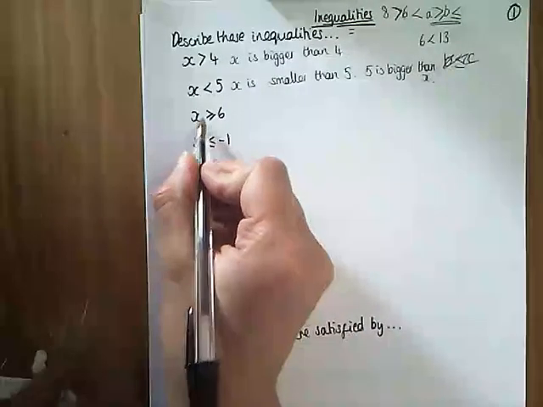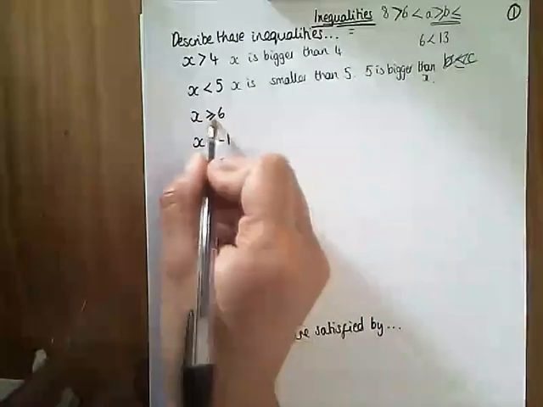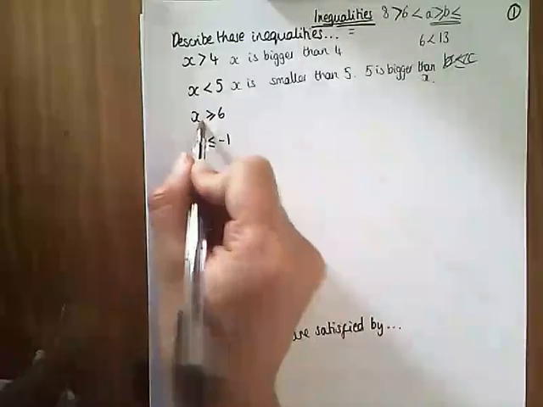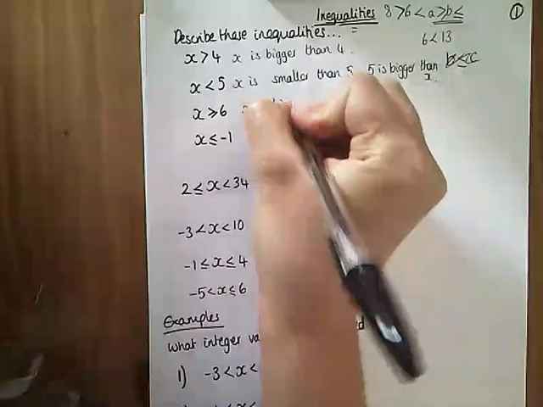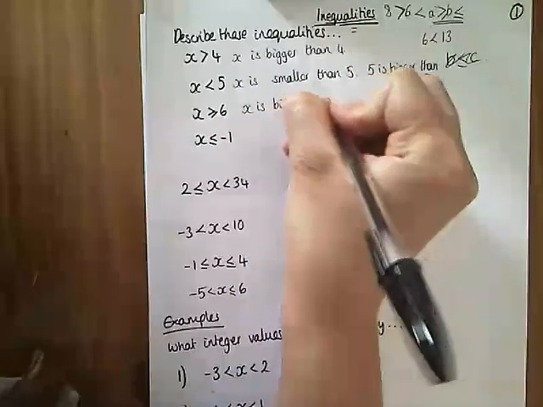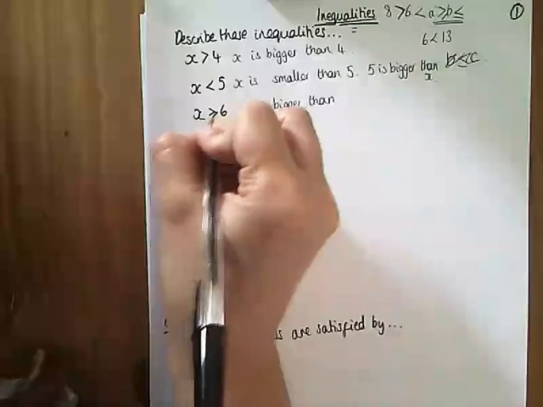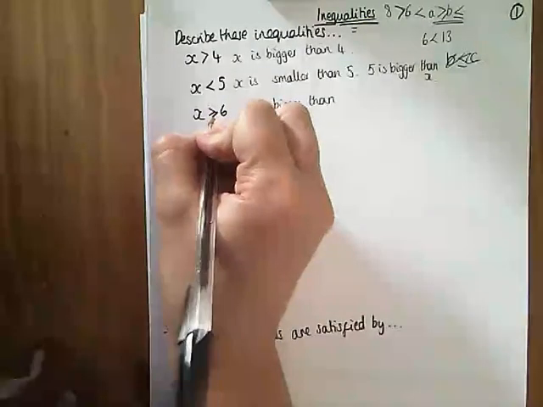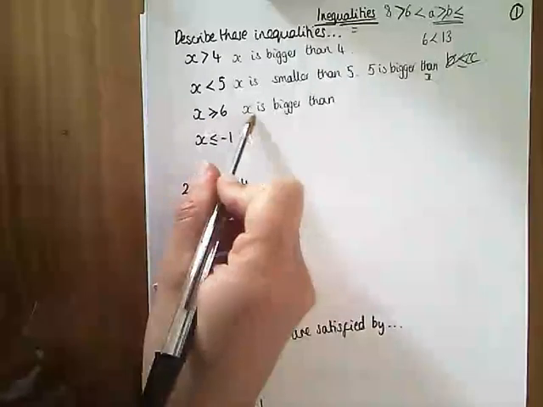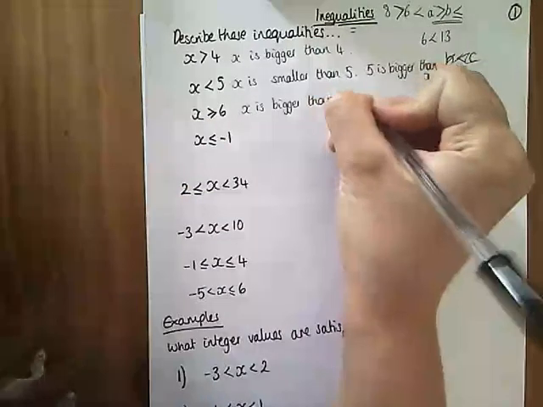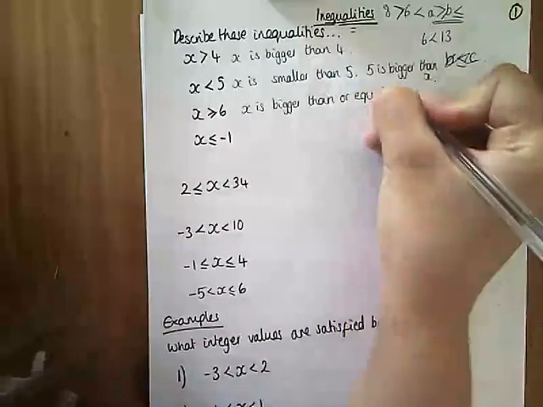Okay, right, then we look at this one. So we've got x, inequality sign, 6. Now this inequality sign is eating the x, so x must be bigger than 6. But this extra line underneath makes this bottom look like an equal sign. And what that's saying is that x can be bigger than 6, but it could actually be 6. So x is bigger than or equal to 6.